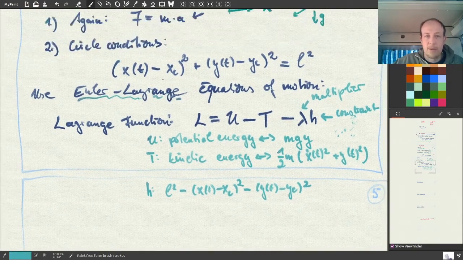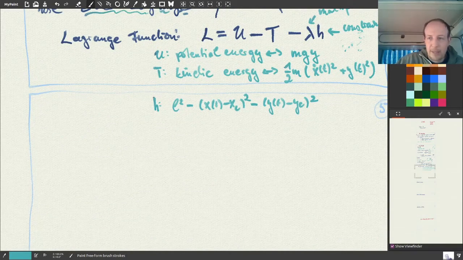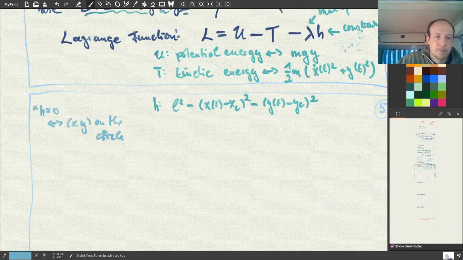So the constraint was that this x and the y should always be on the circle, so equal this length, and we can rewrite this in words: h is 0 if and only if x and y are on the circle. That is how this constraint is defined. So this is just how one would describe it in words.